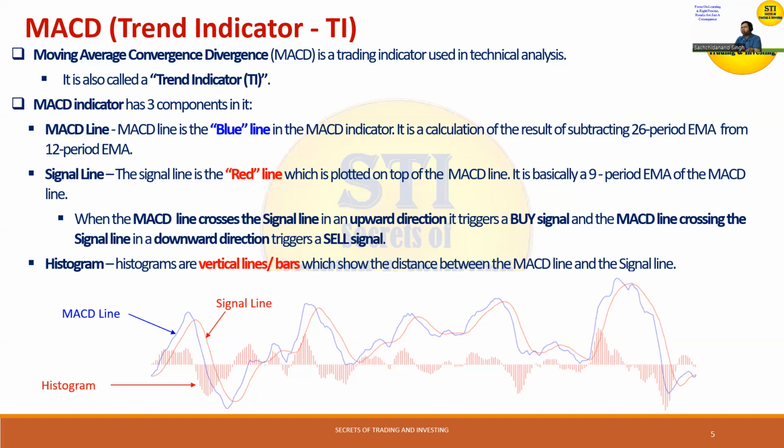However, one usage is that by just looking at the histogram, you can see whether the overall trend of the market or that particular stock is in an upward direction, downward direction, or maybe sideways. Otherwise, we are using the MACD and signal line just to know about the positive and negative crossovers. So this is all about MACD.